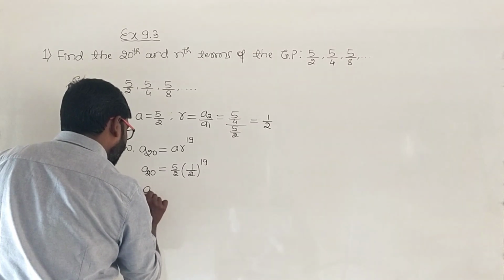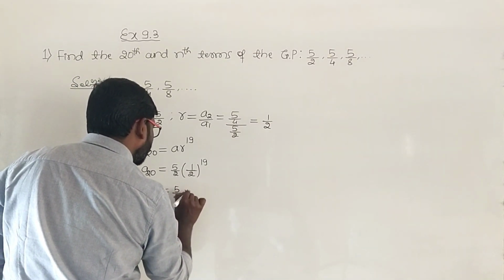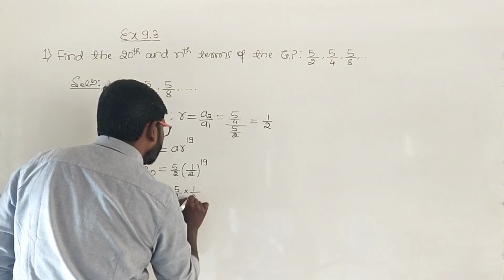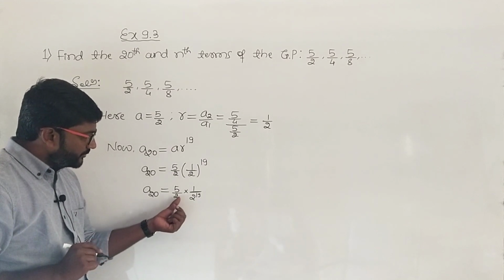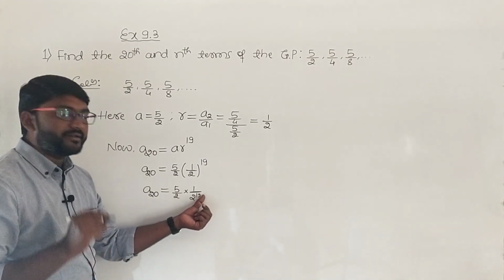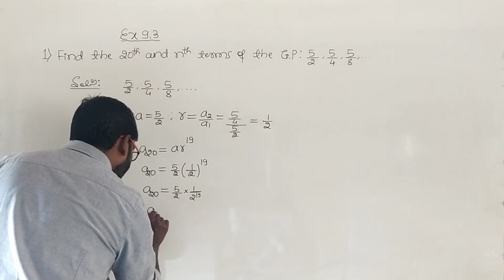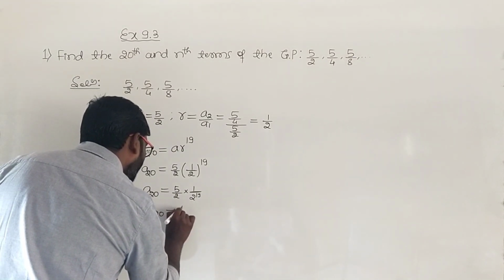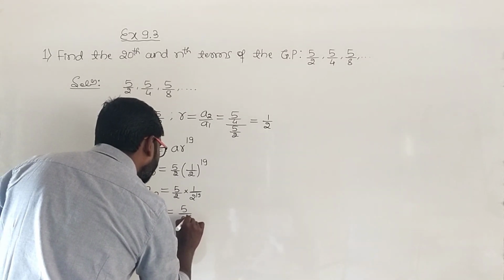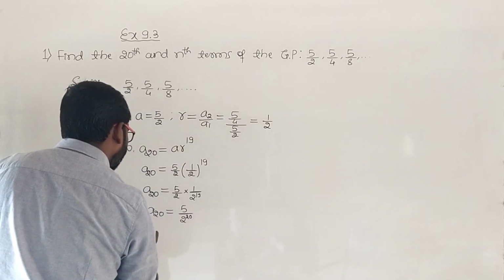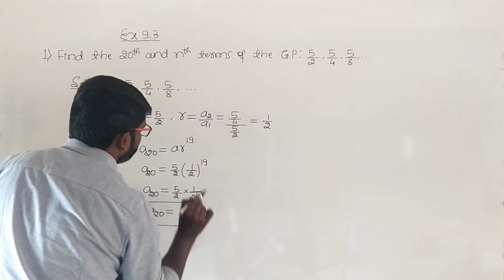So A20 equals 5 by 2 into 1 by 2 raised to 19. Now 2 raised to 1 and 2 raised to 19, the powers are added, and you get 20. So A20 equals 5 divided by 2 raised to 20. This is the 20th term.